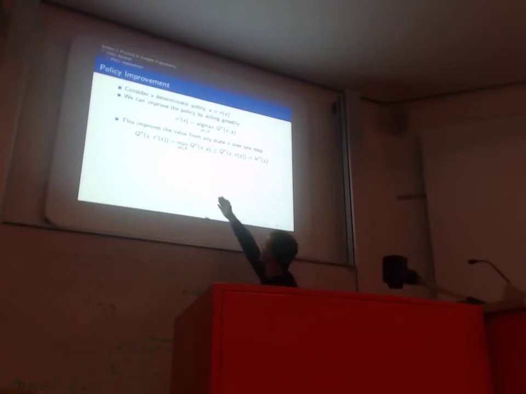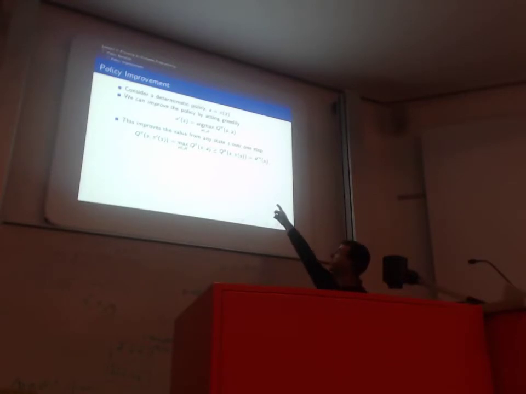And now if we're maximizing over A, well, we know that that must be at least as good as an arbitrary A. And so the arbitrary A we're going to plug in is the A that was chosen by our old policy, pi of S. But if we look at this thing, this is now the thing which says Q pi, which basically means what happens if you follow this action for one step and then behave according to that policy afterwards.